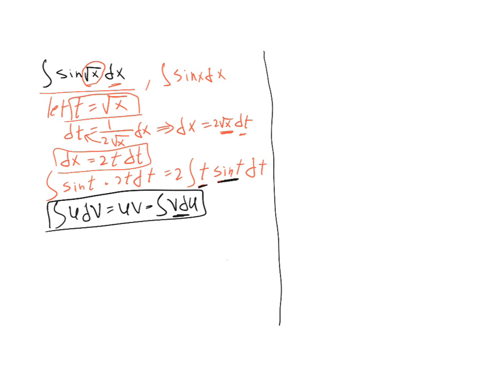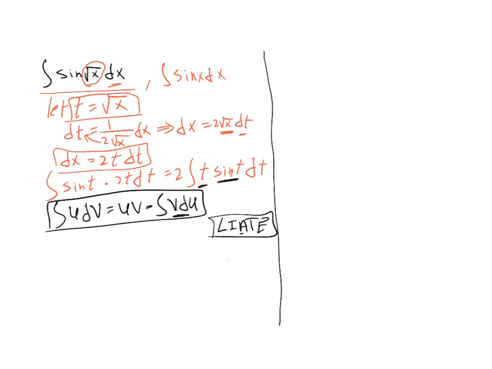Okay, and we have another rule, LIATE. What do these letters represent? L represents the logarithmic functions, like log or ln x. I is inverse trigonometric functions like arcsine, arctan, arccosine.